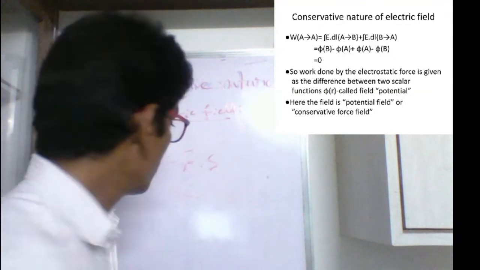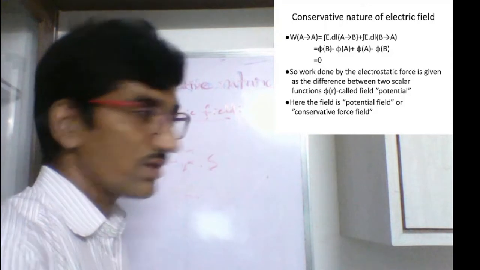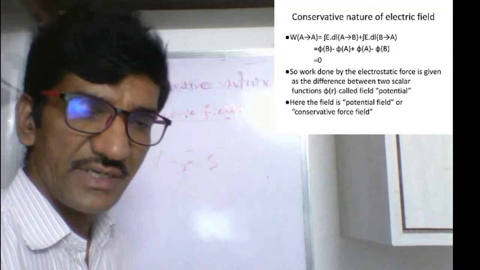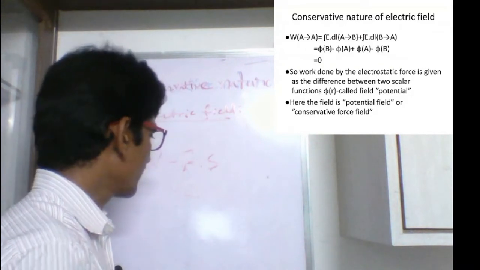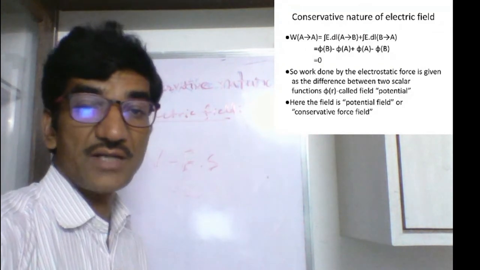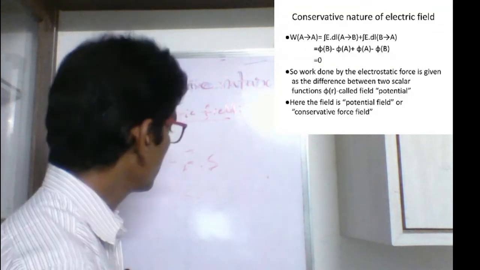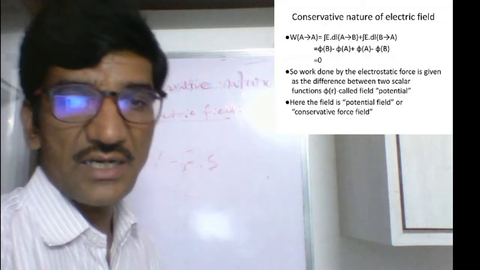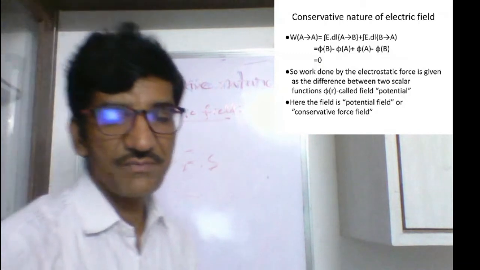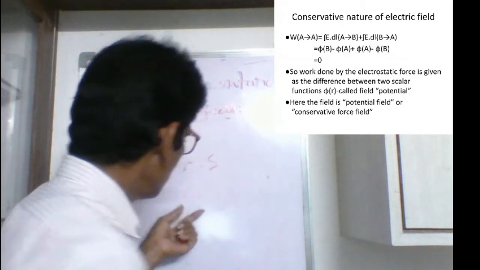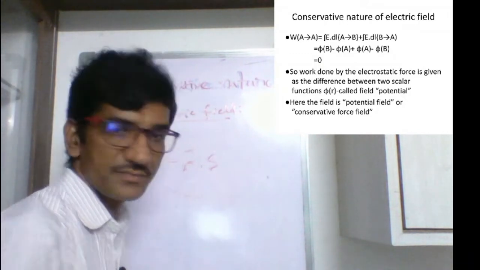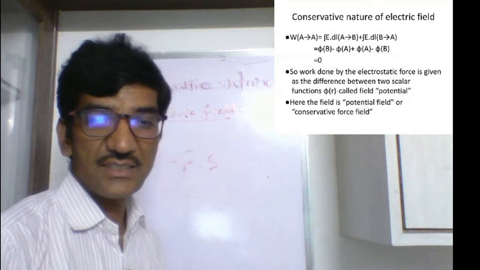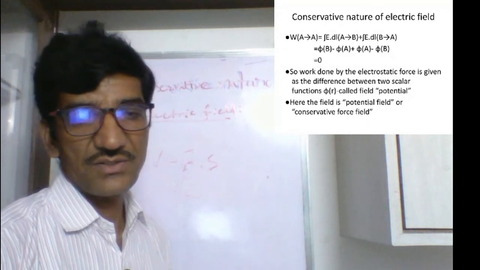So what is the formula for W? Electric work is electric field into distance along the path length R. You may write this as the integral of E dot dl. E is the electric field, l is the distance. So force into distance.